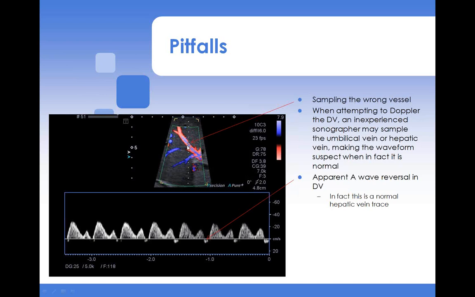However, they've got the gate in the hepatic vein, showing a reversal of the A wave, which is a very abnormal, ominous sign. However, with experience, you would have known to either repeat this or that this can't be right, and you need to get to the bottom of it one way or another. So yes, apparent reversal of the A wave. However, it's just a normal hepatic vein trace.